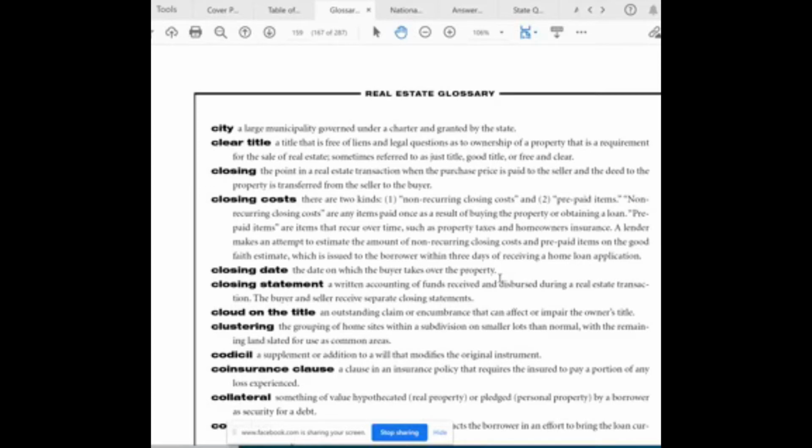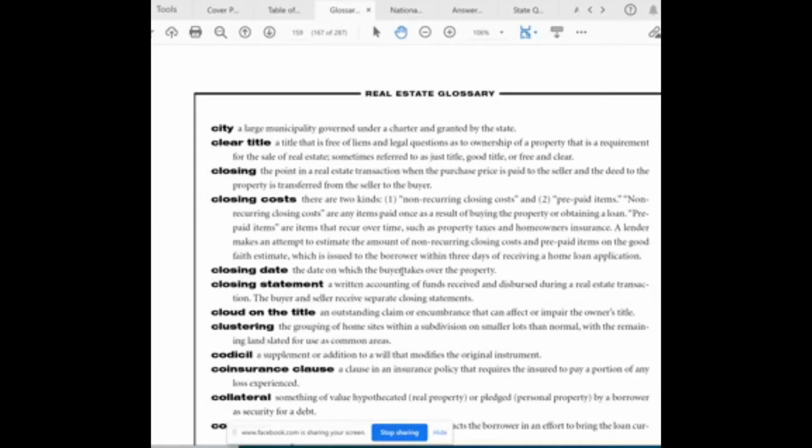Prepaid items. So prepaid items are things like the home inspection, the appraisal, home repairs, anything like that that was paid out of pocket by the buyer. Those are prepaid items.